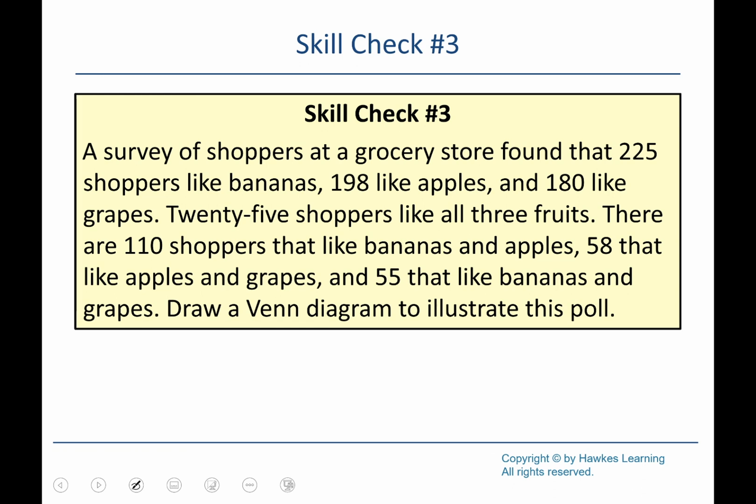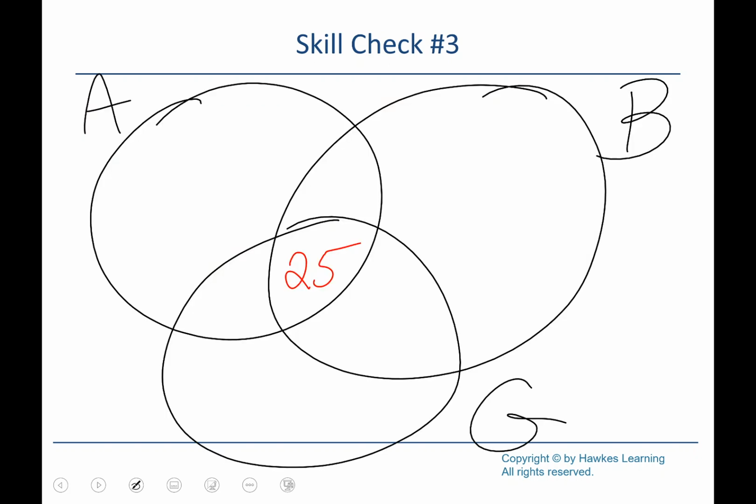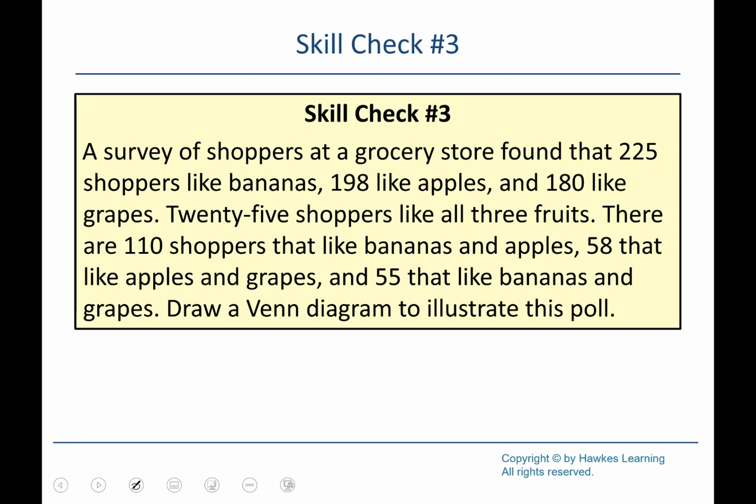Okay, so next line tells us there are 110 shoppers that like bananas and apples. Okay, so we need that overlap to total 110. We already have 25 in there, so if we do 110 minus 25, it gives us 85, and that's bananas and apples, so that's that one. Okay. Next it says 58 like apples and grapes.